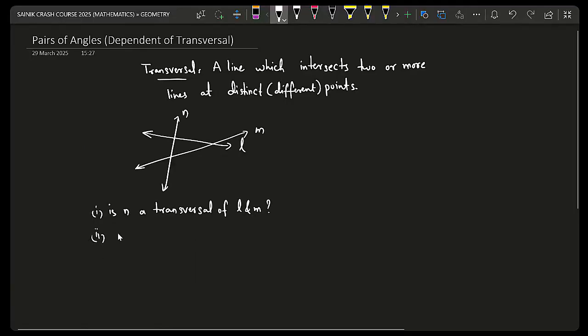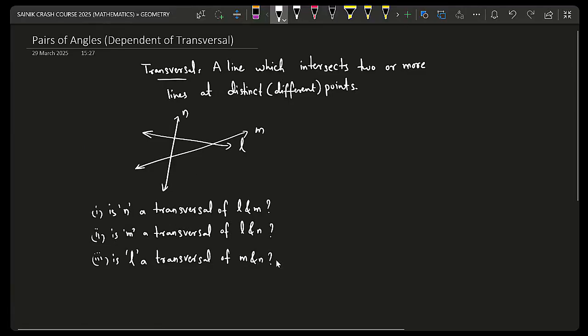Second question, is M a transversal of L and N? Third, is L a transversal of M and N? I'm going to answer the first question and the remaining two you have to try.